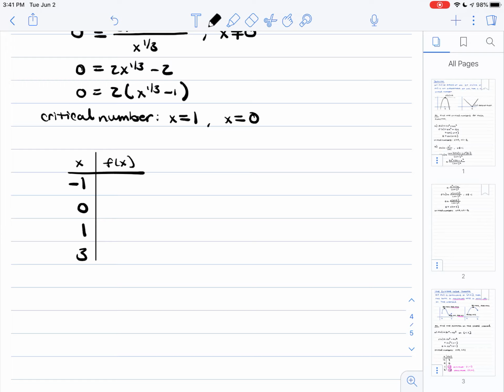And I got f of -1 gives me a -5. f of 0 gives me 0. f of 1 is -1. And f of 3 is -0.24.